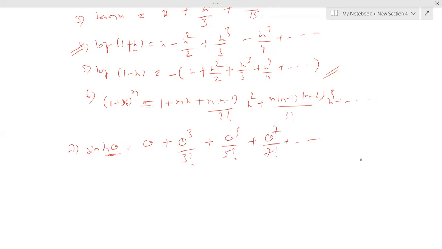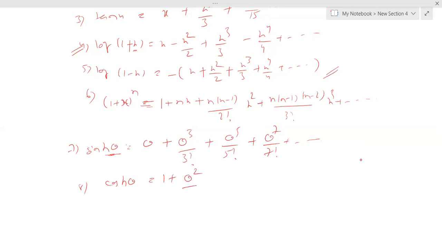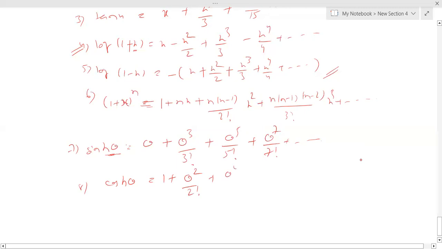In hyperbolic sinh theta, you take all positive signs. Cosh theta: same thing, just like cos theta, but you take all positive signs. Tan inverse x equal to x minus x cube by 3 plus x power 5 by 5 plus and so on. Just remember these as formulas.